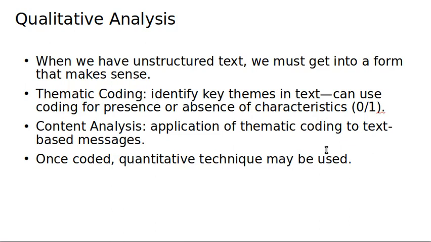And the nice thing is, once you've got those 0s and 1s coded, you can analyze the results using all the other techniques we've been learning about: association, inference. We can look at descriptive statistics, and so on. We can look at crosstabs. So content analysis puts it all together. It's the application of thematic coding to text-based messages. So we can look at unstructured text in a more systematic way.